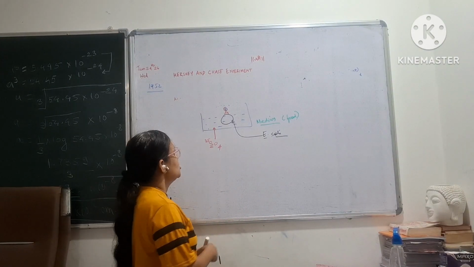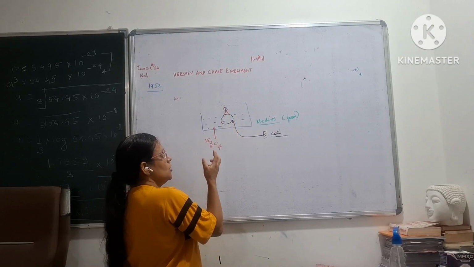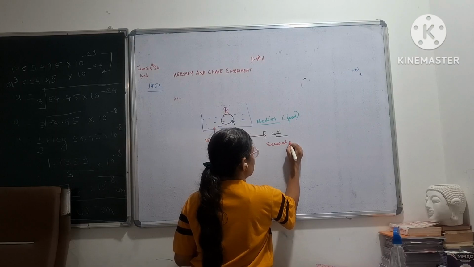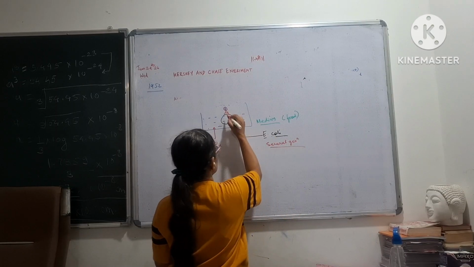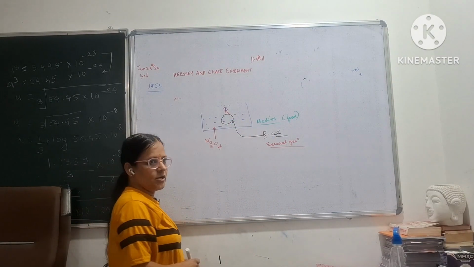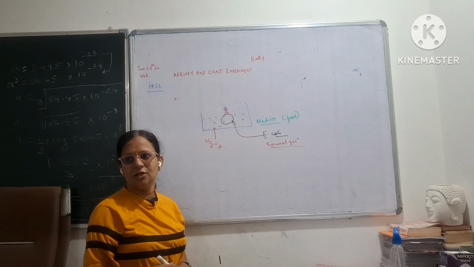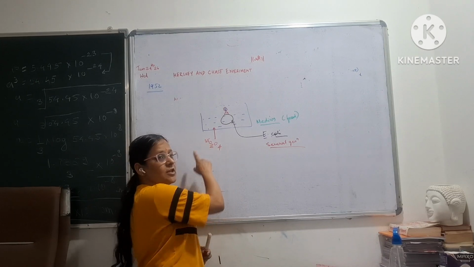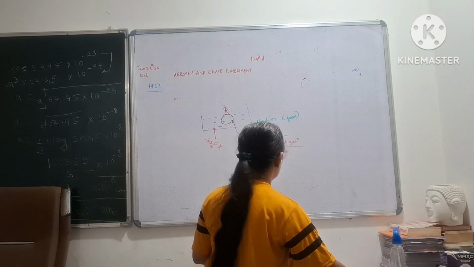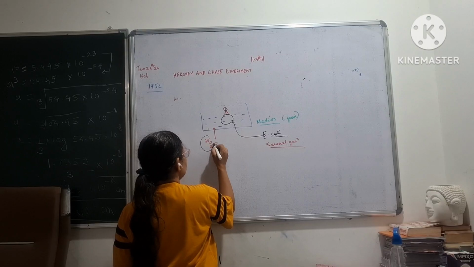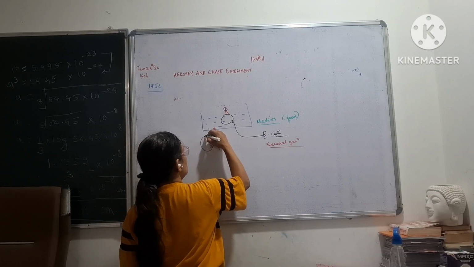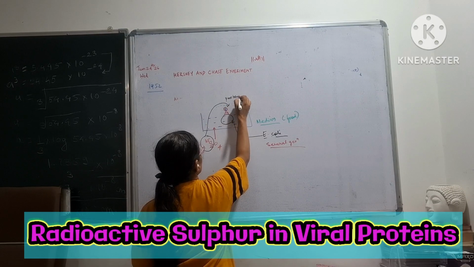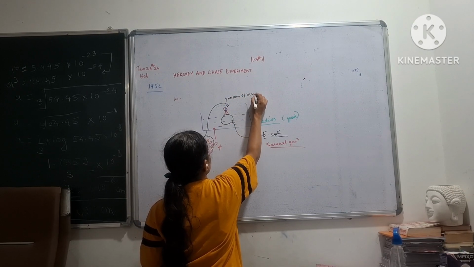Now what will happen is you will allow this virus to grow in this medium for several generations. For several generations, we will keep that virus infecting the bacterial cells in a medium containing S35. So eventually this sulfur, which is a heavy isotope, will enter into the protein of the virus.